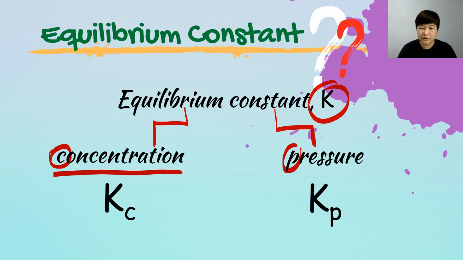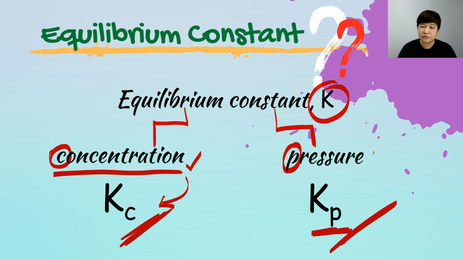So since it's a pressure, therefore, the symbol is Kp. So Kc and Kp is because your equilibrium constant is with respect to concentration or is with respect to pressure. Bear that in mind, Kc and Kp are two different things. That is how we identify Kc and Kp.